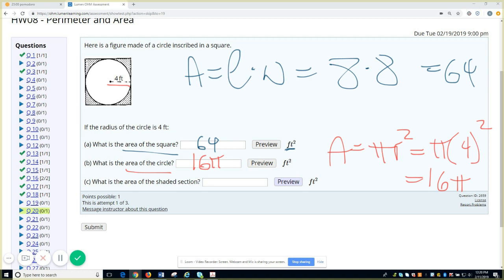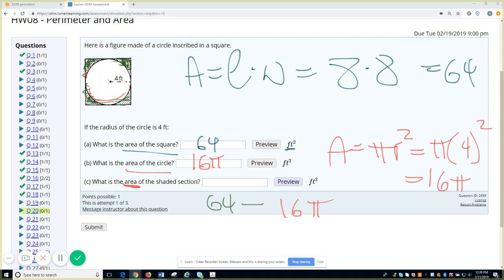And then the last part is wanting to find the area of the shaded region. And so one way to find that area of the shaded region is to take the area of the square, which is 64. So this would be this. And then take the amount that the circle takes up, which is 16 pi, and just subtract that amount out.